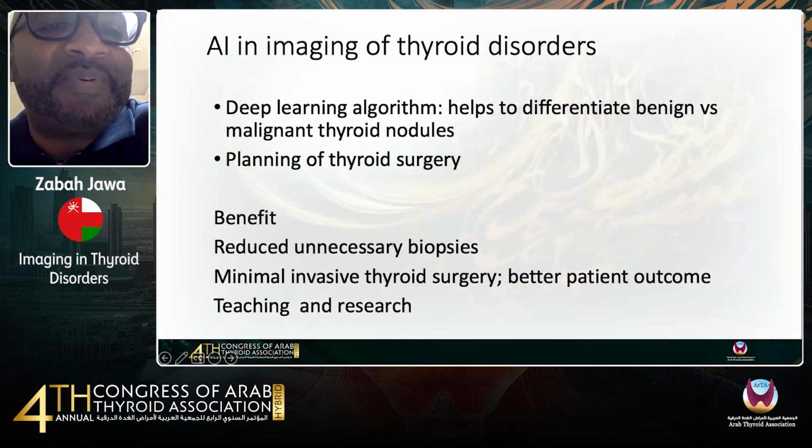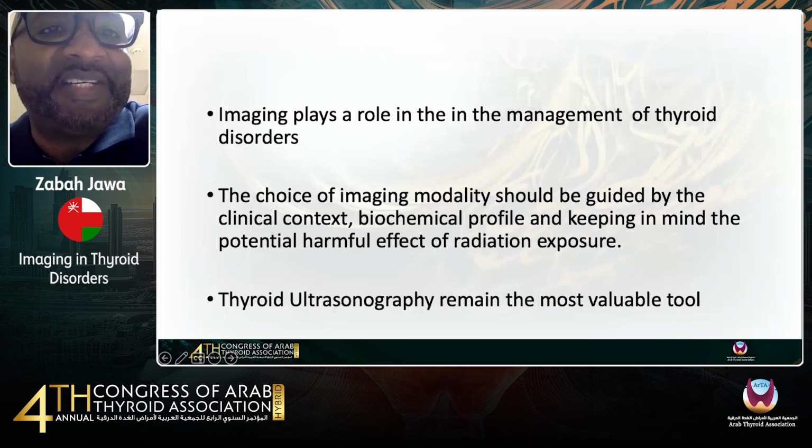It also, in future, can help with planning for thyroid surgery. So the benefit of AI in thyroid imaging will be to reduce unnecessary biopsies. It will help minimize invasive surgery, which means that you will have a better patient outcome. It is a very important tool for teaching and for research.